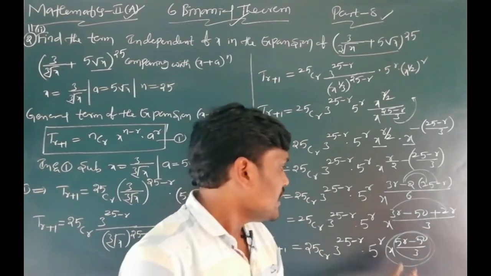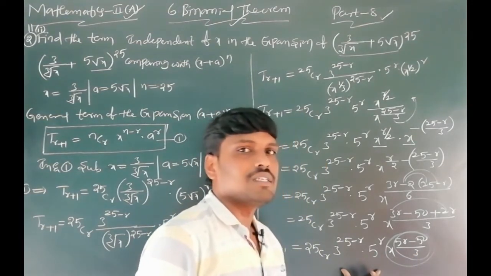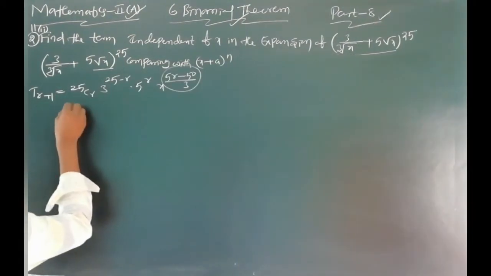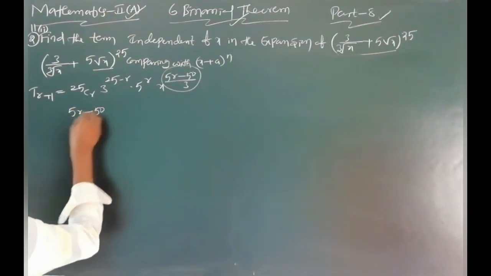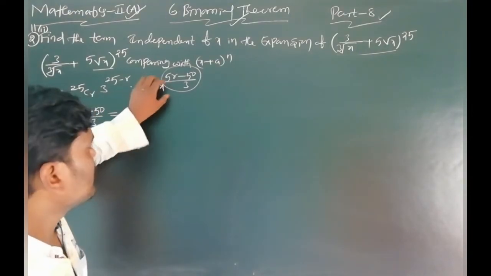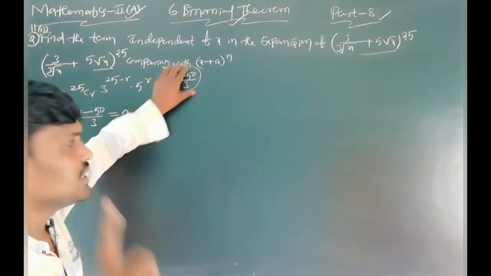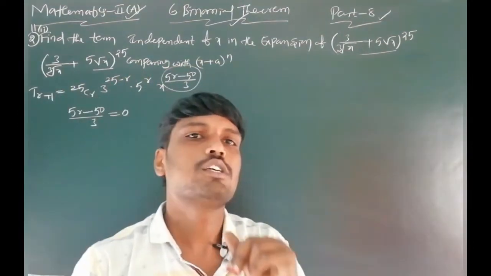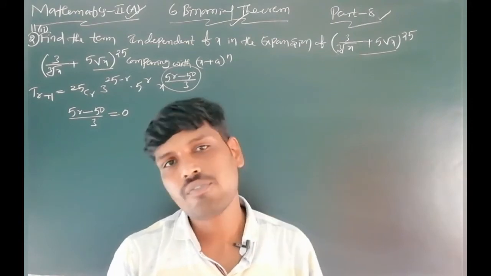Here this total term is constant, so the power of x equals 0. The power of x, (5r minus 50) by 3, equals 0. Suppose the power of x equals 0, x power 0 value is 1, and this total value is the constant term. Constant term is also called independent of x.